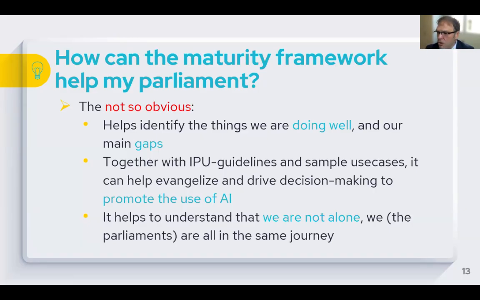That's an important thing also, to convince people and add people to the project. And also it can help you to understand that we are not alone. There are more than 180 people here listening to this webinar, so it's very interesting that all the chambers and all the organizations worldwide are in the same way. We all are transforming to put AI in our journey, because it's very disruptive.